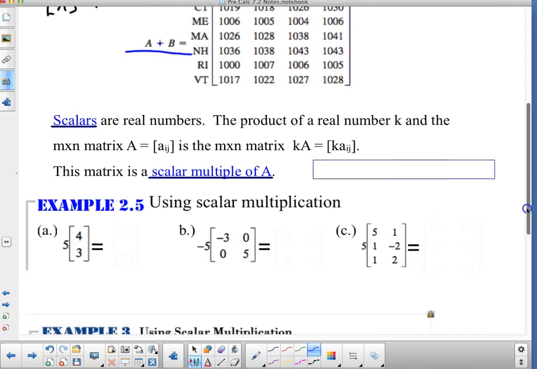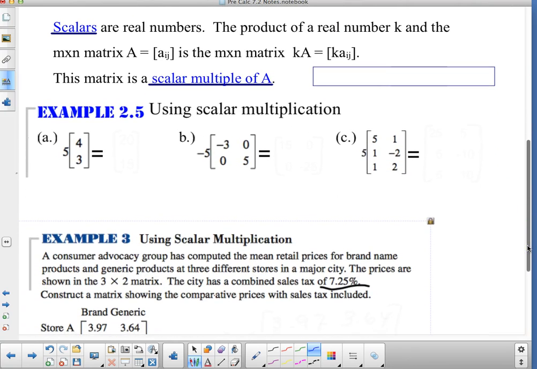We're talking about scalars. Scalars are real numbers, the product of a real number k and the m by n matrix A. All you're going to do is multiply that value by every entry inside your matrix. That's it. So if I've got an m by n matrix, I have m times n multiplications to do.